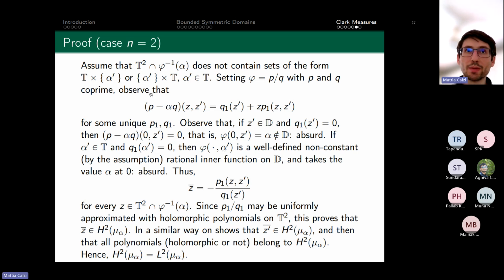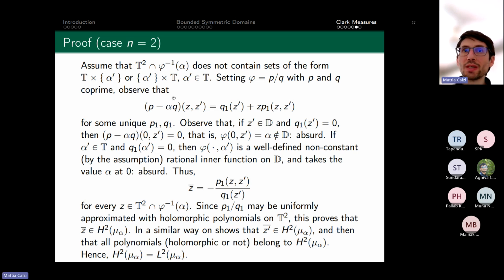One of them, this one, is well defined as a rational function, and it is not constant, again because of this assumption. And so it is a rational inner function on the unit disk, and at the origin, it takes the value alpha, again because of this property here. And this is, again, a contradiction, because it is an inner function, it is not constant, and so on.